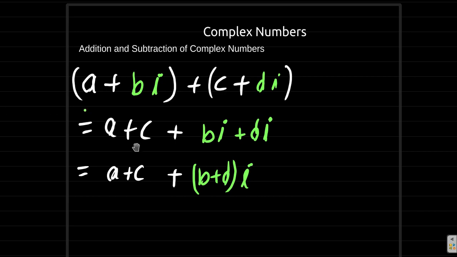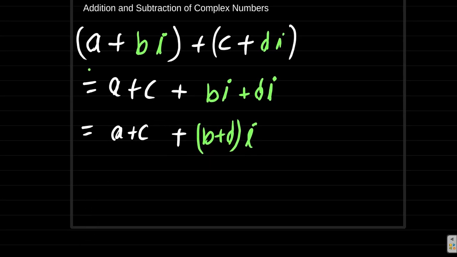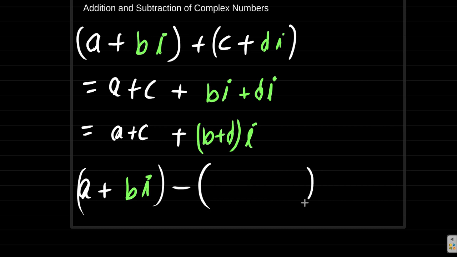Suppose we subtract them now. We're going to do examples with some numbers later on. But so we consider a plus bi minus c plus di.